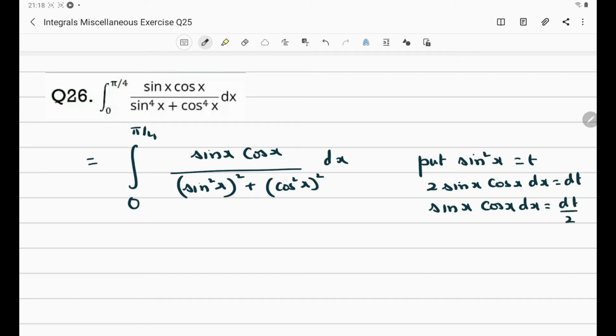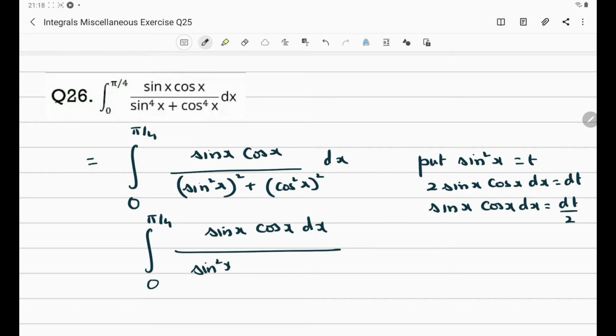So, we can further write this as integral 0 to pi by 4 sin x cos x dx by sin square x whole square, and this cos square x is also written in terms of sin square x as 1 minus sin square x whole square.